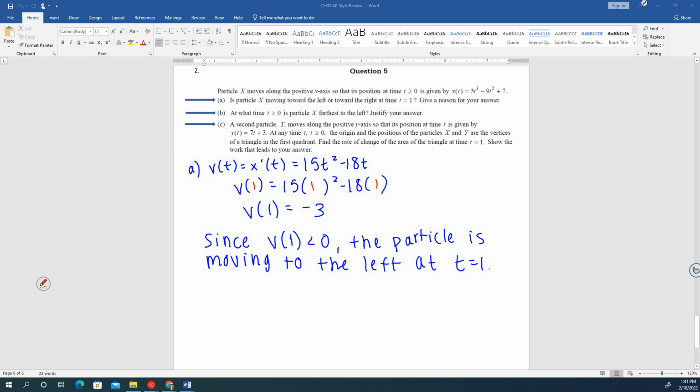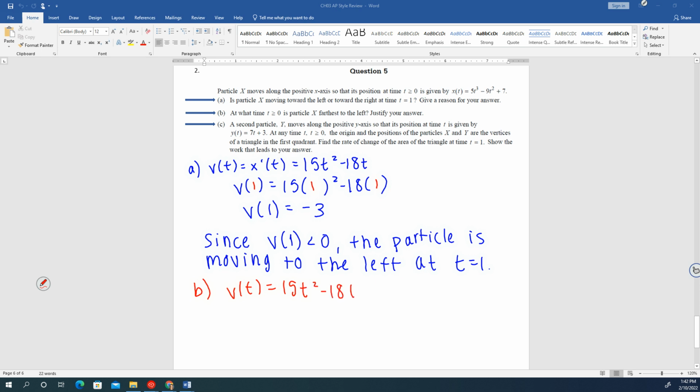Okay, next part. At what time, when the time is greater than or equal to 0, is the particle farthest to the left? Justify your answer. Okay, well we know at 1, it's traveling to the left, so we need to figure out what's going on before, what's going on after. So we're gonna find some critical points here. We're gonna figure out when our velocity is 0.